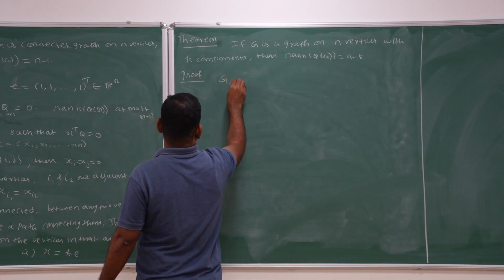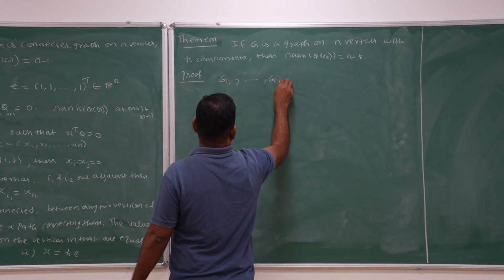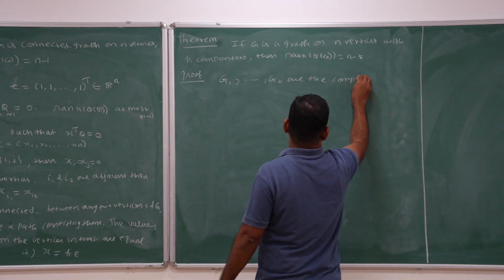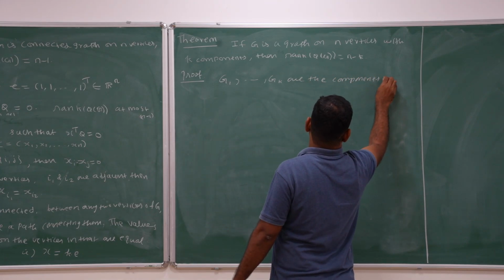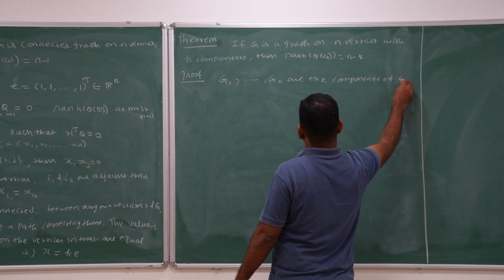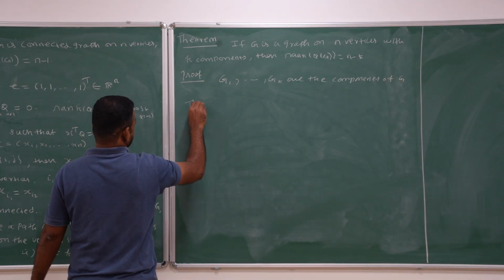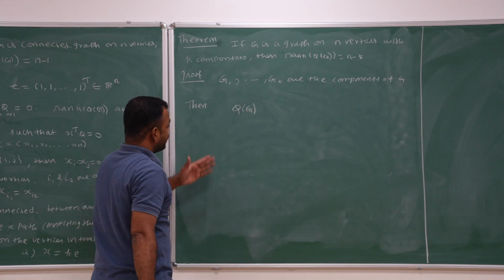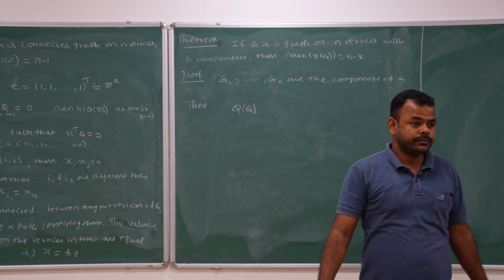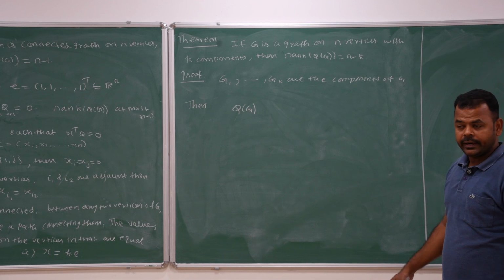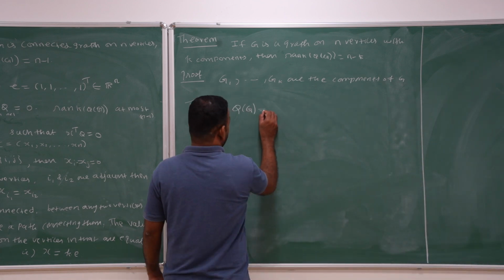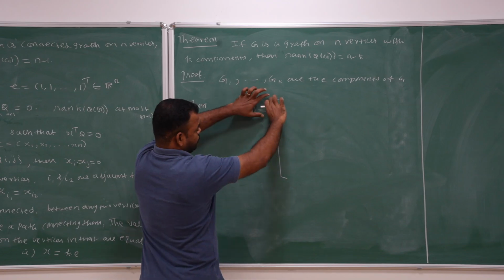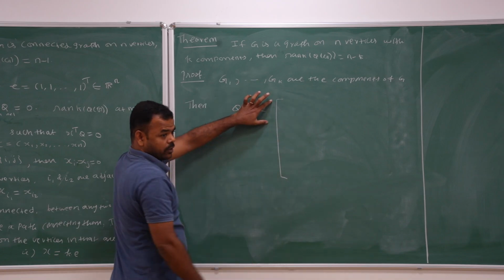If G1 to Gk are the components of G, then what is Q of G? You can order the vertices of the graph and the edges of the graph in such a way that you keep all the vertices and the edges in the first block of the rows and first block of the columns.